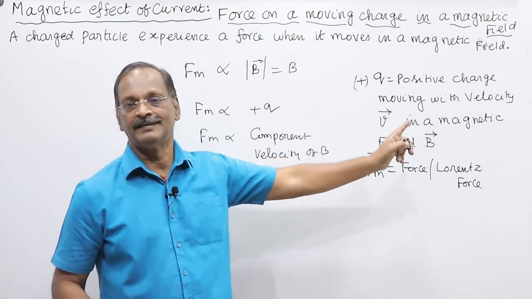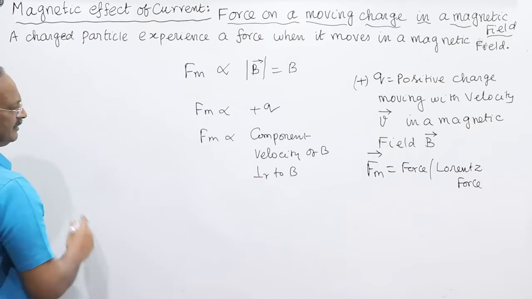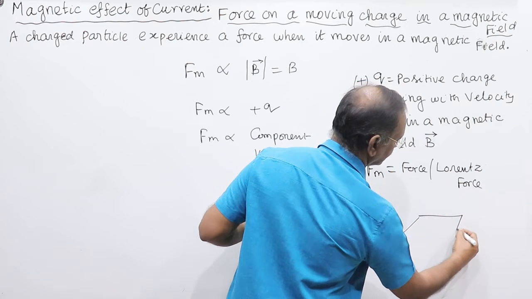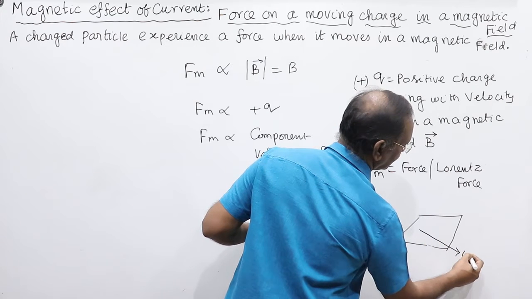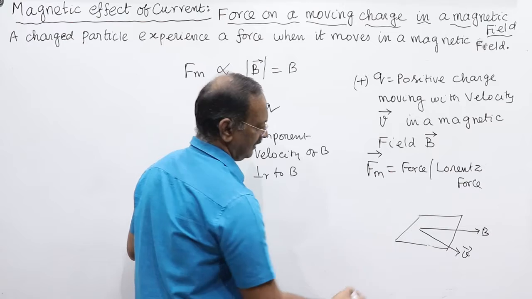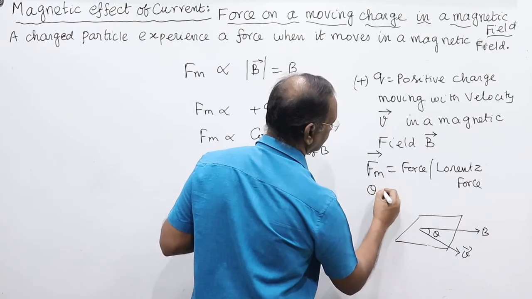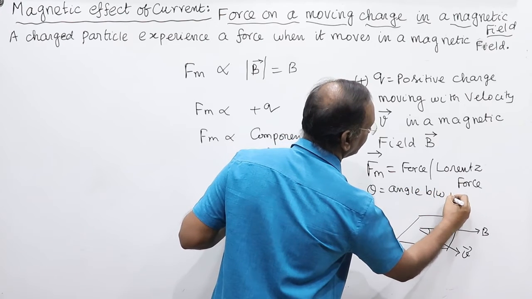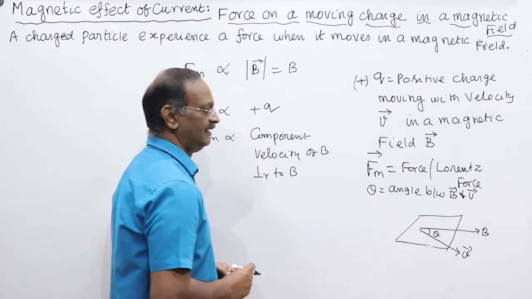Suppose in the vector product, this is the plane in which this is the velocity, and this is the direction of B, making an angle theta. What is theta? Theta is the angle between the magnetic field B and the charged particle moving with velocity v.